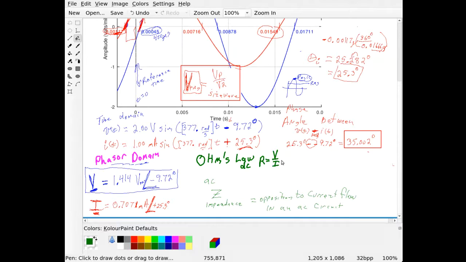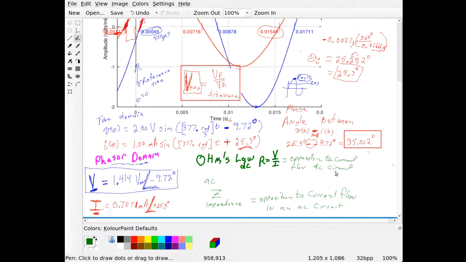Remember that resistance is the opposition to current flow in a DC circuit. So resistance opposes current flow, right?